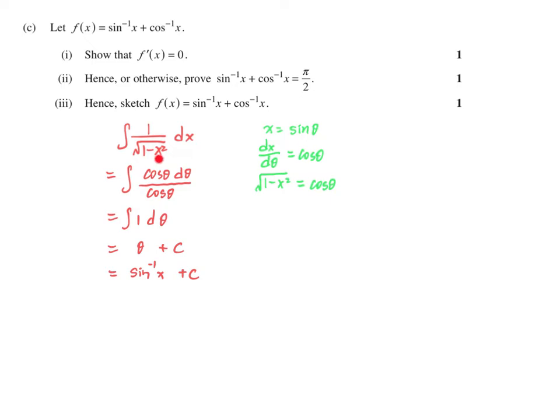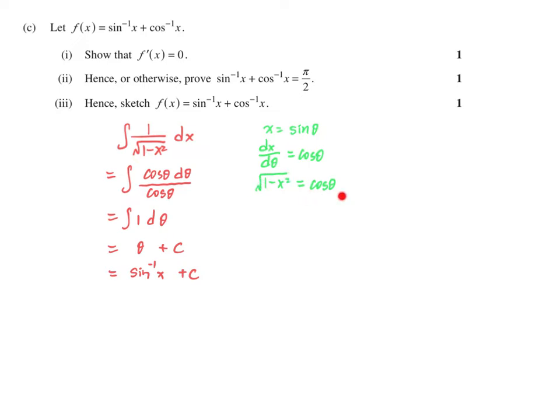Usually, we can substitute x by sine theta or cosine theta. If we substitute x by sine theta, then dx d theta should be equal to d sine theta, which is cosine theta, right? And then 1 minus x squared, with x as sine theta, is 1 minus sine squared theta, which is cosine squared theta.